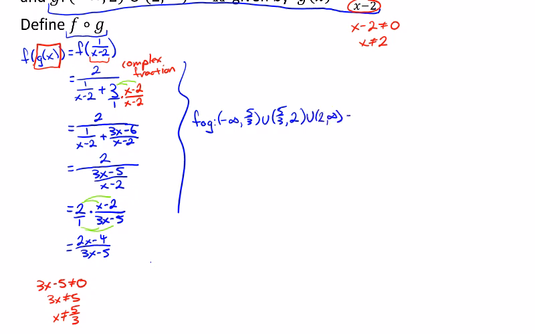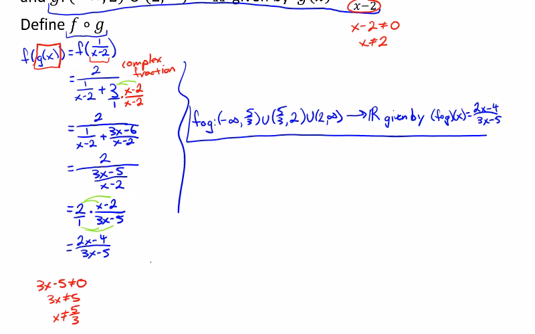And this is going to be what maps to real numbers given by the equation f composed with g of x is equal to 2x minus 4 divided by 3x minus 5. And that gives us our full function definition, which is what we were asked to do.